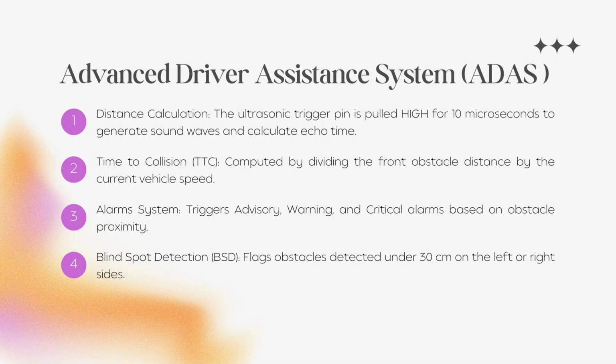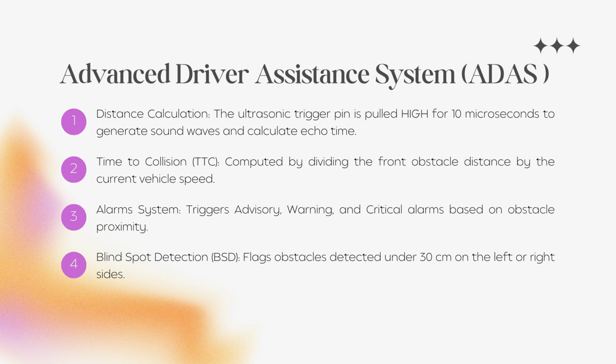For the ADAS module, we ping the ultrasonic sensor's trigger pin high for 10 microseconds and measure how long the echo pulse stays high. Using the speed of sound, we calculate the exact obstacle distance. By dividing the front distance by our current speed, we compute the time to collision, or TTC.